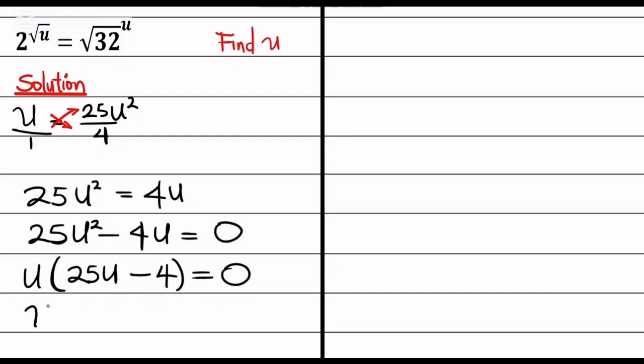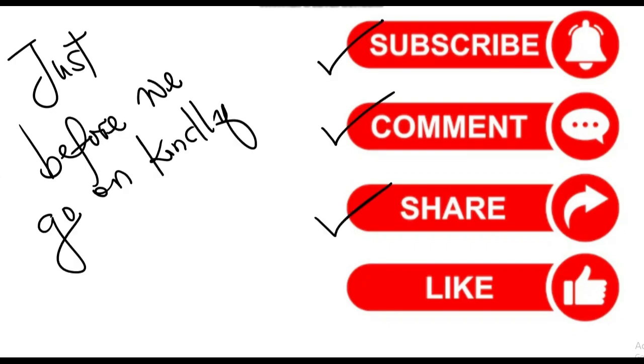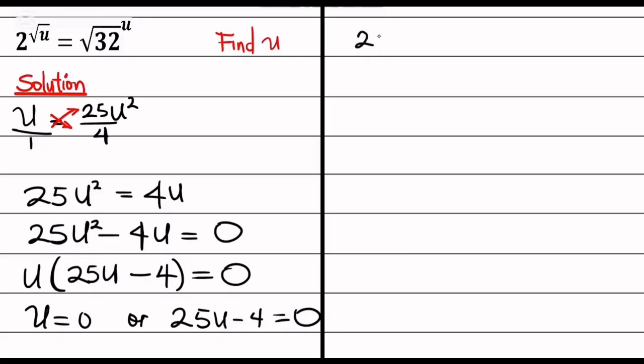That is, u equals 0 or 25u minus 4 equals 0. From this, we have 25u equals 4, by adding 4 to both sides, and at the same time dividing both sides by 25.